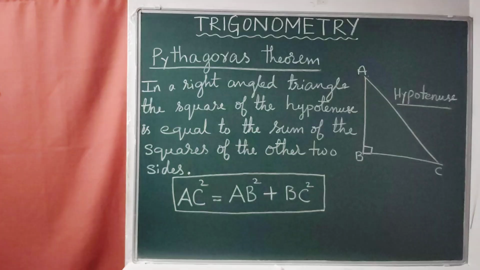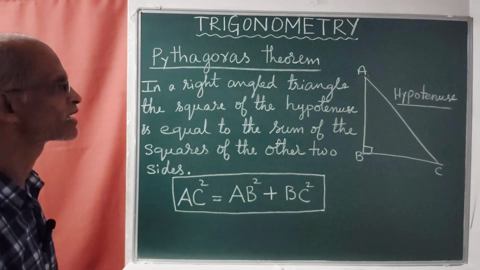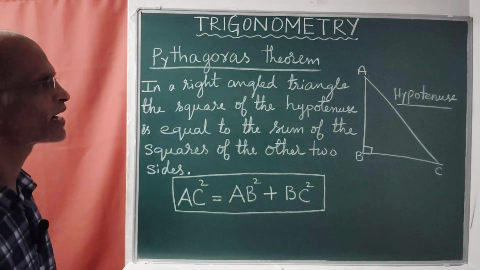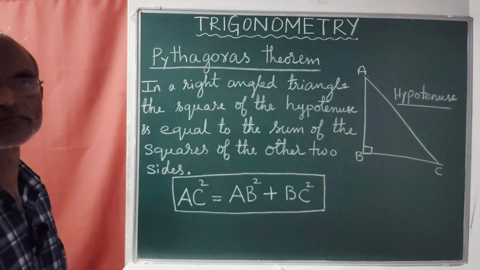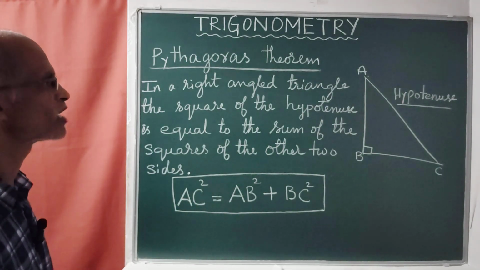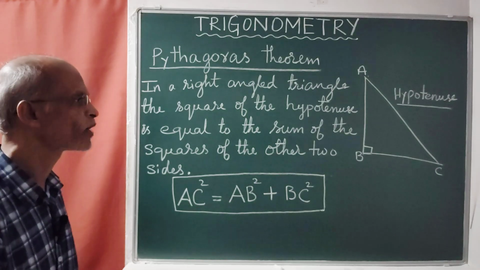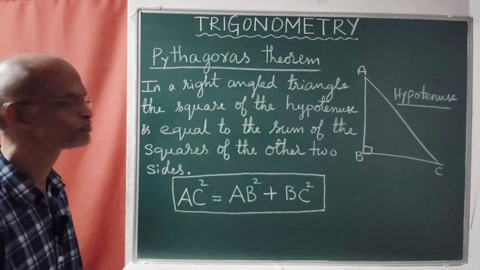With the help of this theorem, we can calculate the third side of a right angle triangle when the two sides are given.